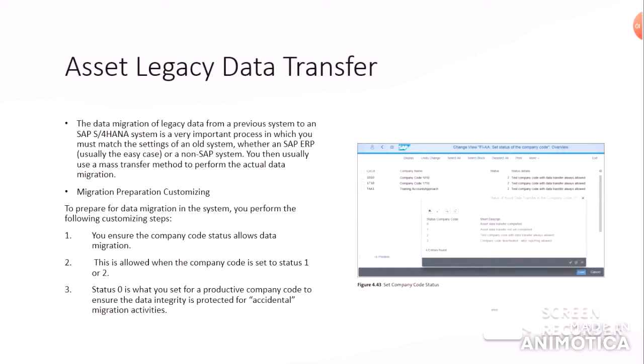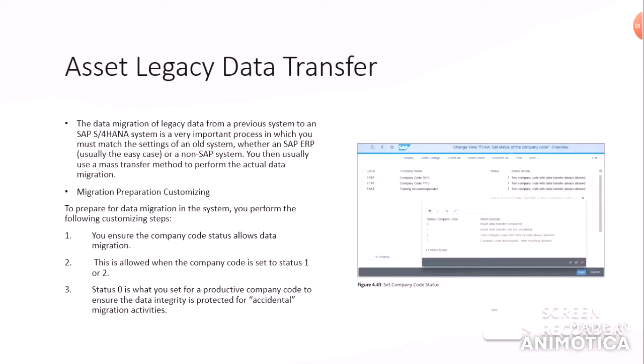Migration preparation customizing. To prepare for data migration in the system, you perform the following customizing steps. First, we need to ensure the company code status allows data migration. This is allowed only when the company code is set to status 1 or 2. That means asset data transfer not yet completed, or test company code with data transfer always allowed.